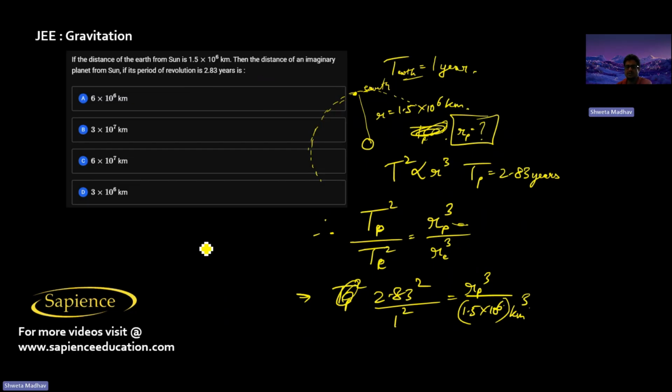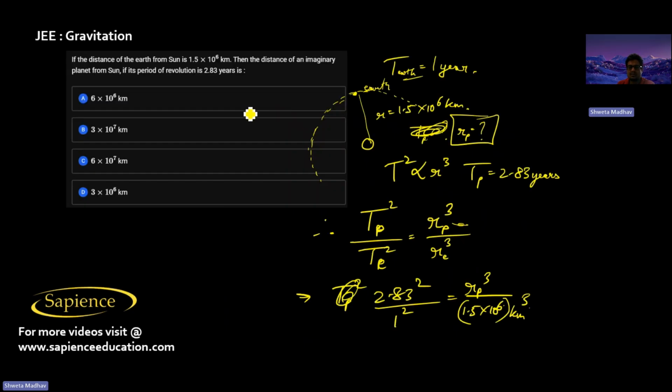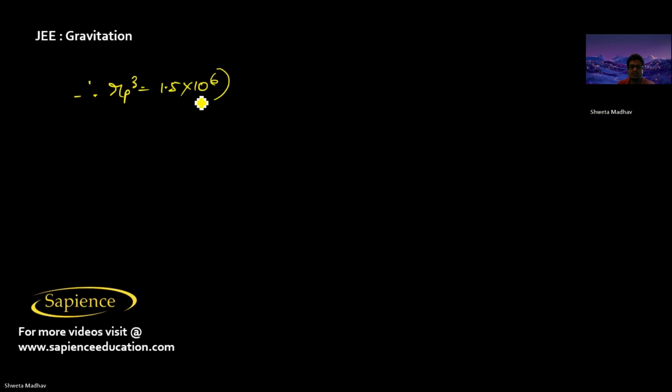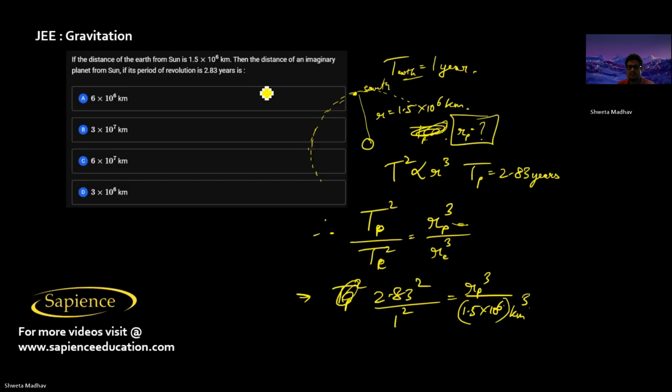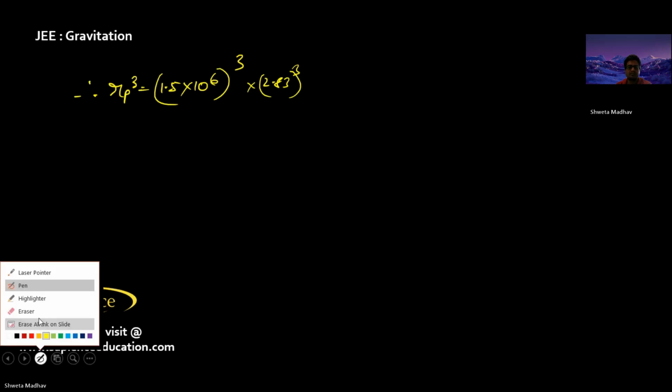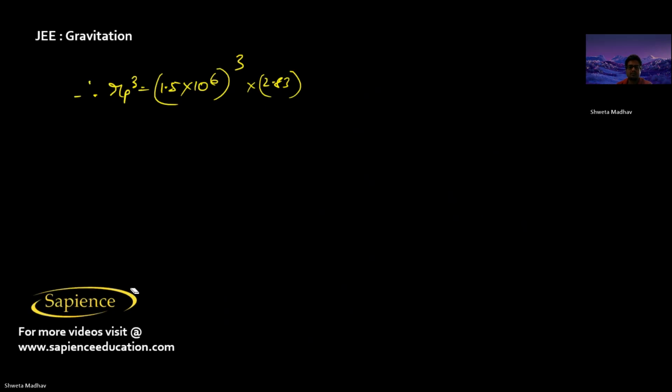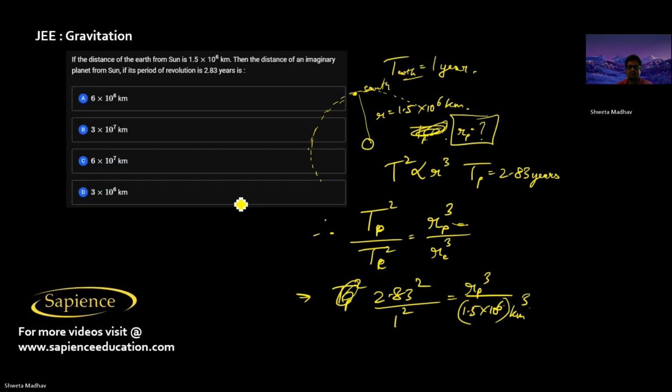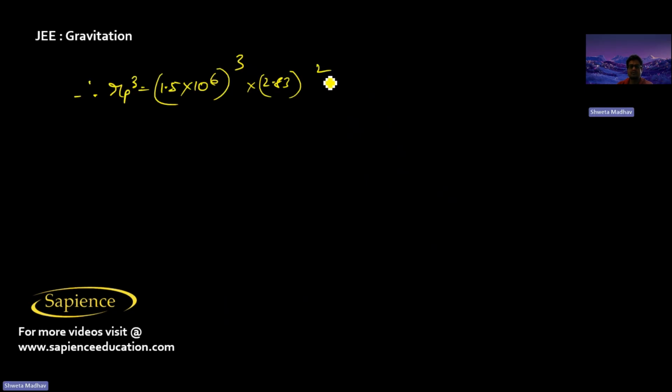So therefore, I can say that RP cube is equal to 1.5 into 10 power 6 kilometer cubed into 2.83 squared.